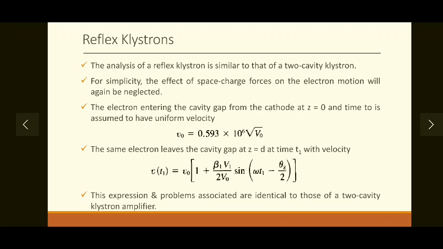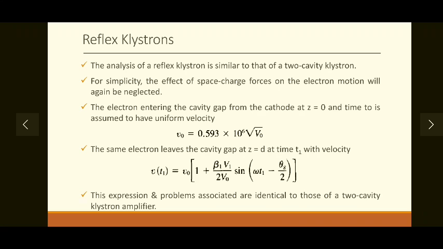What are the space charge forces? We have seen this previously. When a lot of electrons come together, that is, are bunched together, their repulsive force will push these electrons away from each other, in the radial direction or in the z direction, the forward direction. That is nothing but the space charge force.